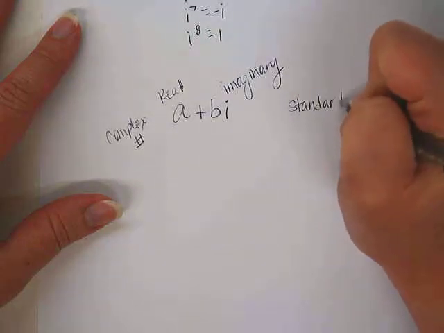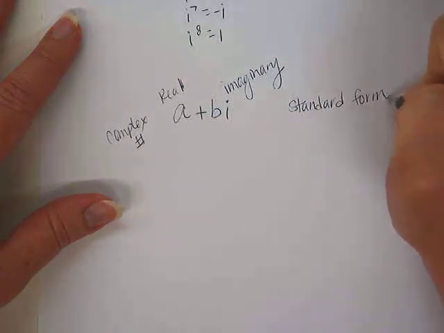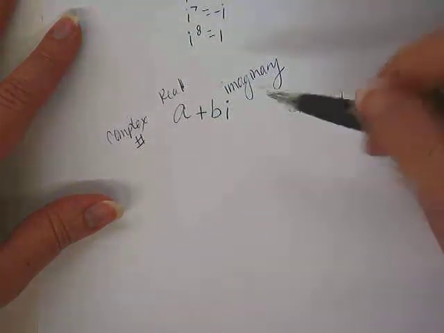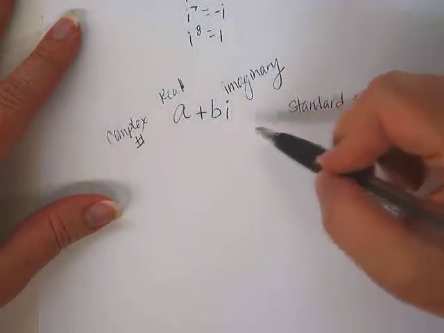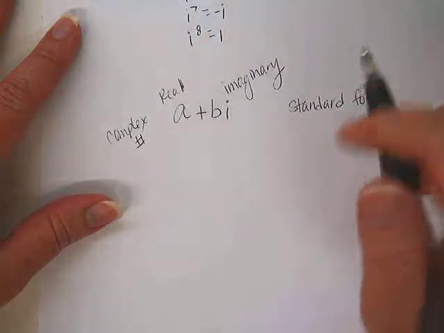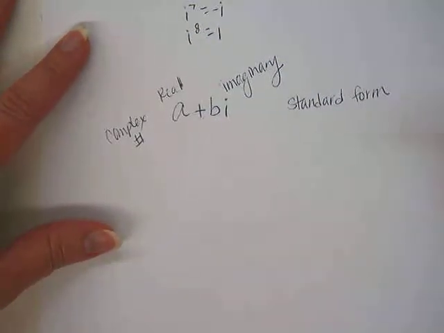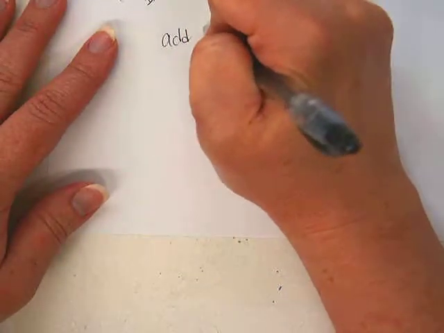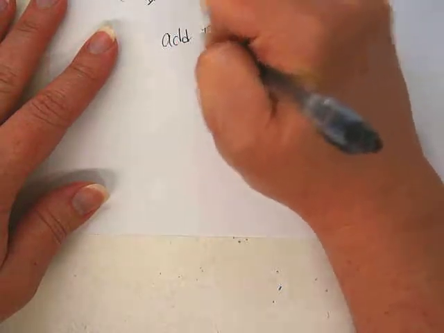And notice how this is the standard form. So when you're writing in standard form and you're simplifying, you put the real part first and then the imaginary part. And you always make sure you've gotten rid of any exponents higher than 1, like we just barely discussed. Okay.